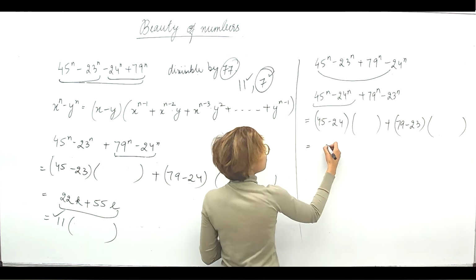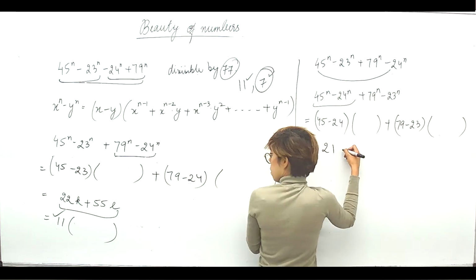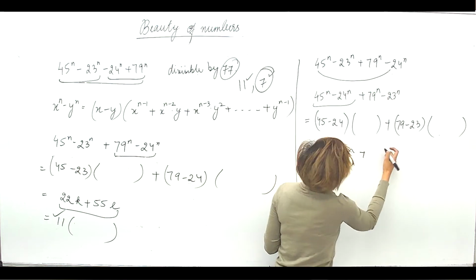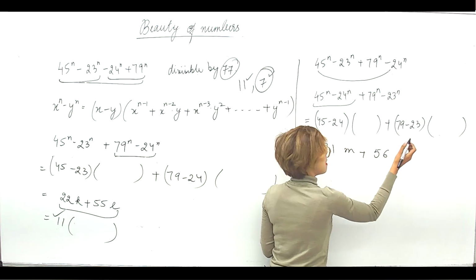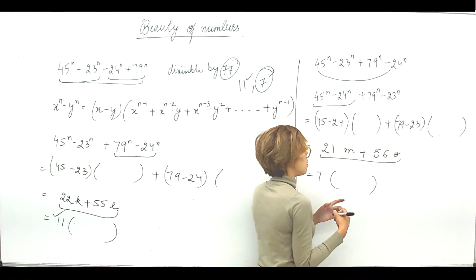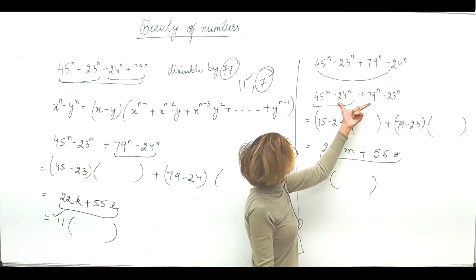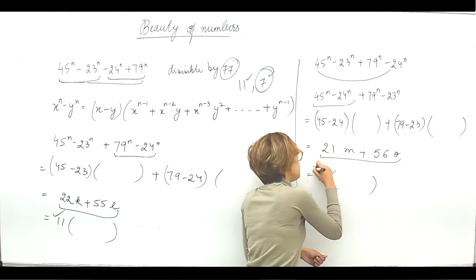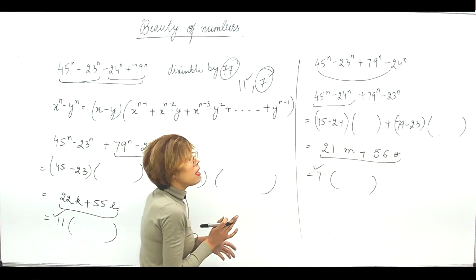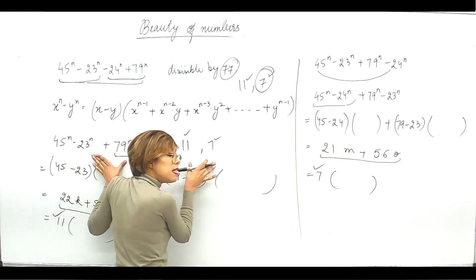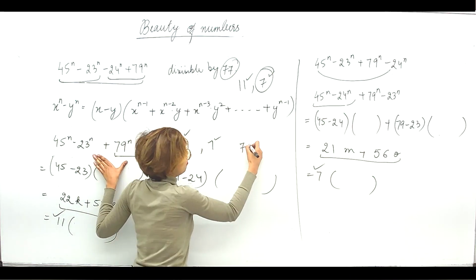Now this is nothing but 21 into m, this is m, plus this is what? 56 plus, what do we do here? Above. Right? I can see that I can get 7 common. 7 into some integer. Now this is expressed as 7 into some integer. I can say that this is exactly divisible by 7. So this is divisible by 11 as well as 7. That means definitely it is divisible by 77.